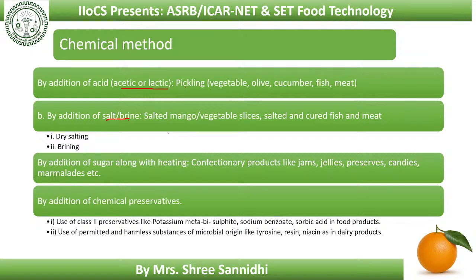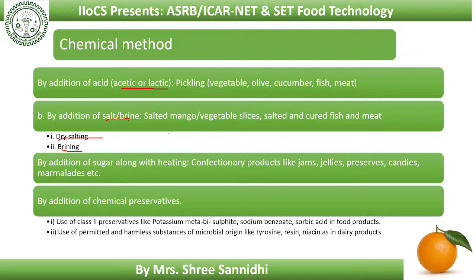So in this also we have two types, dry salting and brining. Dry salting is where you just put some amount of salt on the food materials you want to dry, because you want to remove the water. Then in brining you dip the food into the brine solution, that is salt solution.